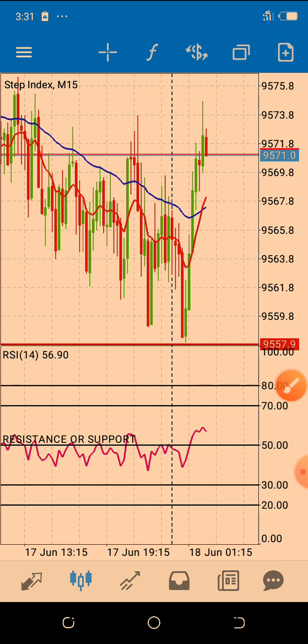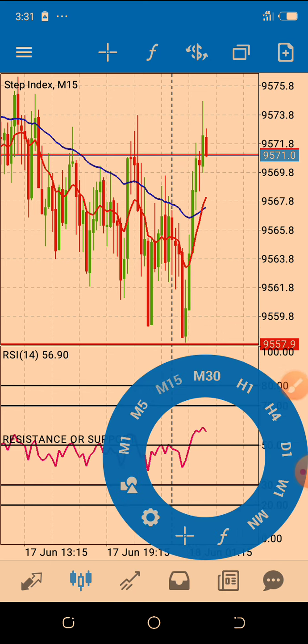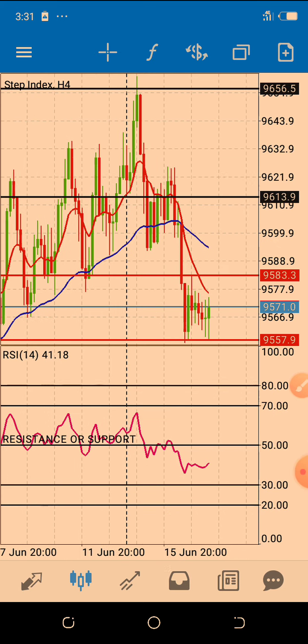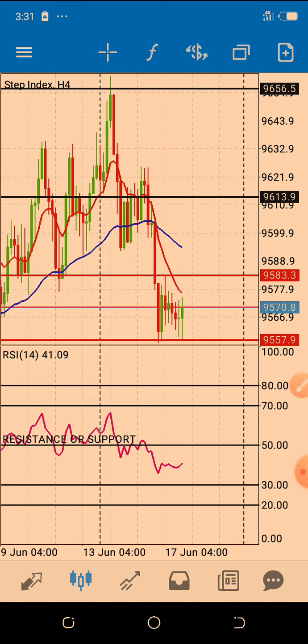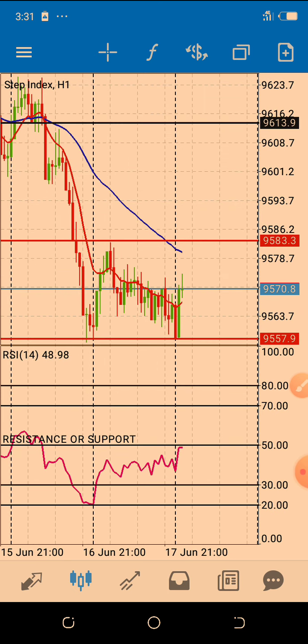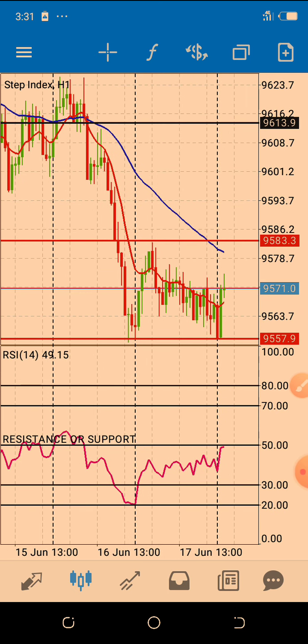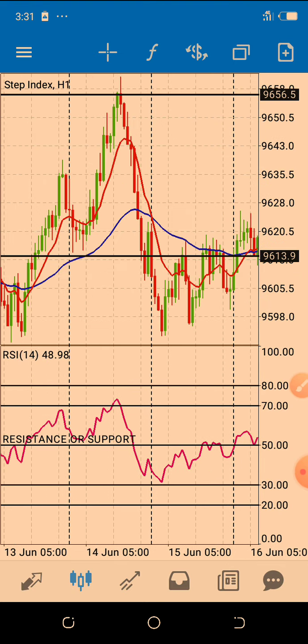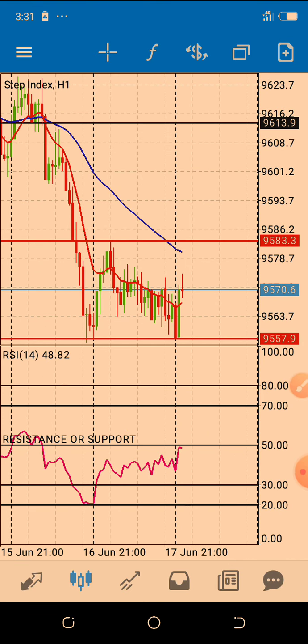So that is how to draw your support and resistance zones. It's not rocket science, it's nothing magical. It's as easy as that. You just take it gradually. Use the daily first of all, set your daily highs and lows, then go over to your 4 hour and set it.